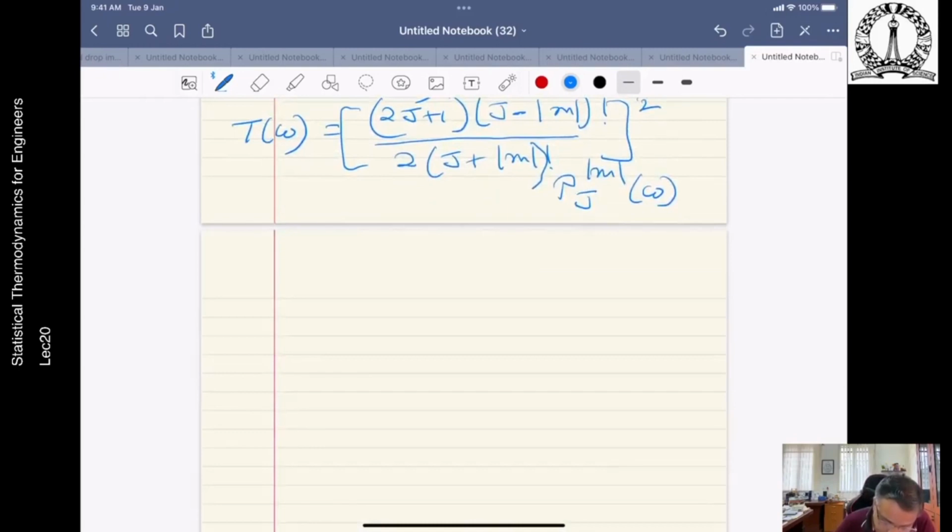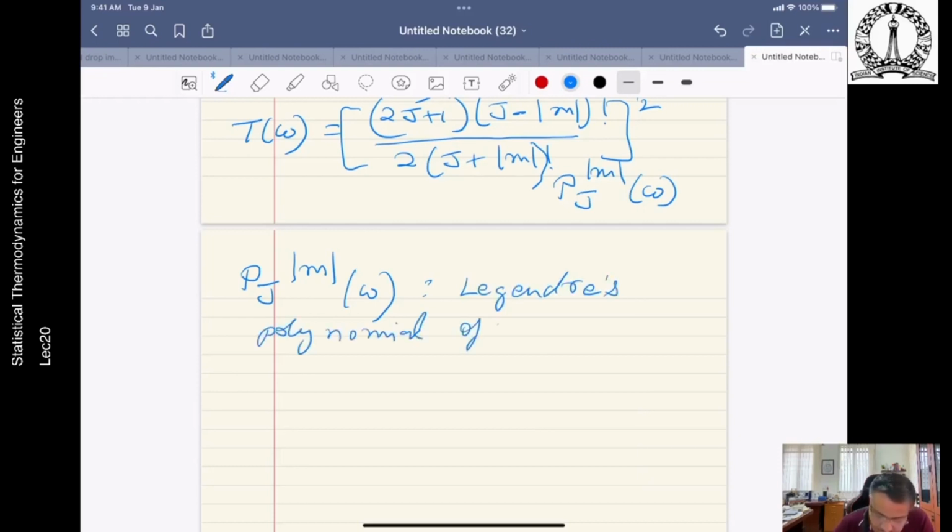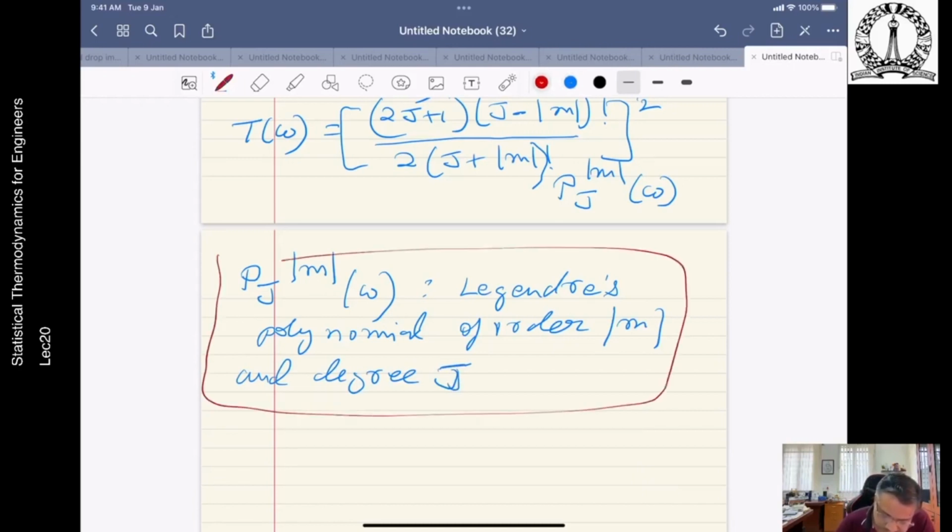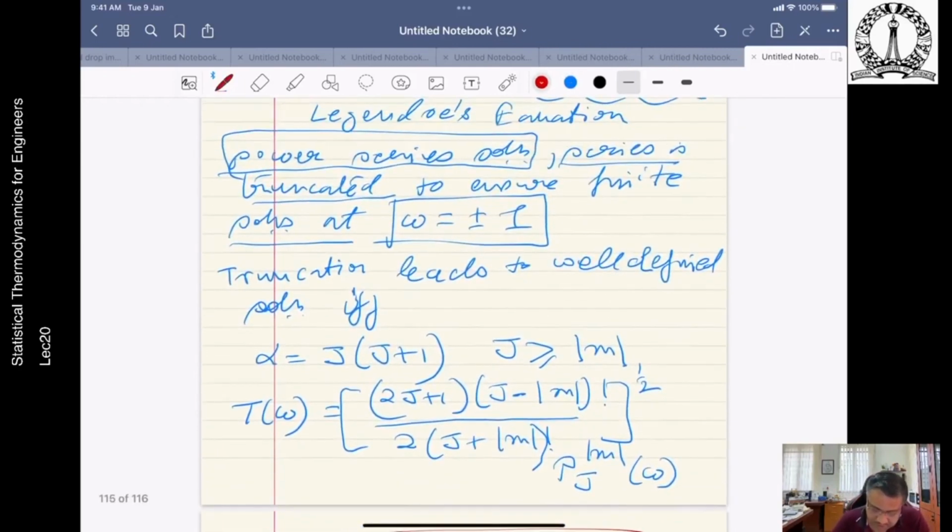So out of that, this P_j of modulus m is basically called the Legendre polynomial of order m and degree j. This is a mathematical manipulation right now.